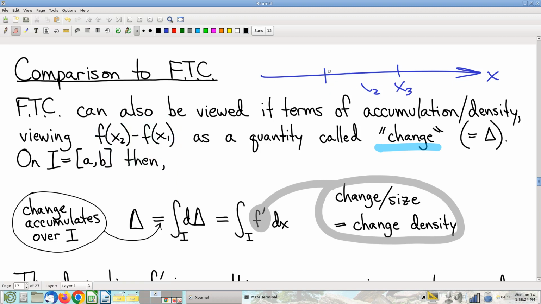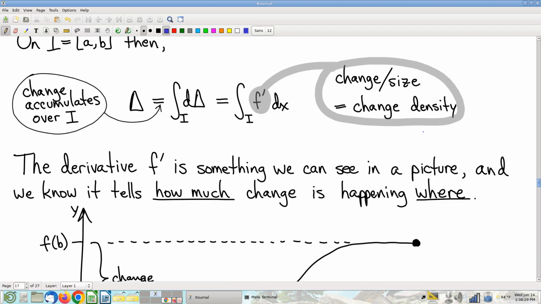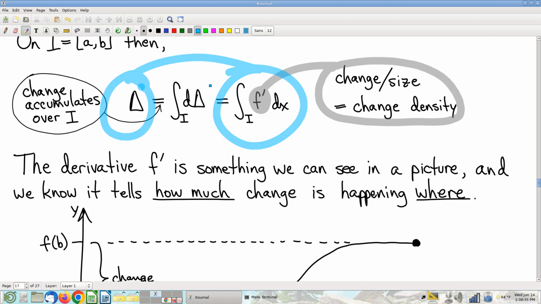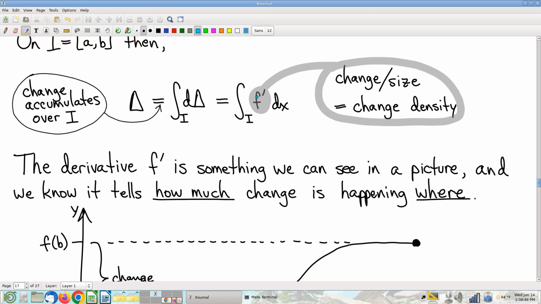So now we write down the fundamental theorem of calculus like this: f of b minus f of a is the integral of f prime. That's the good old, plain old fundamental theorem of calculus. Now let's take a point of view on this integrand. What can I say about this integrand f prime?